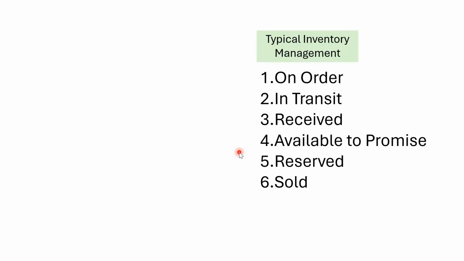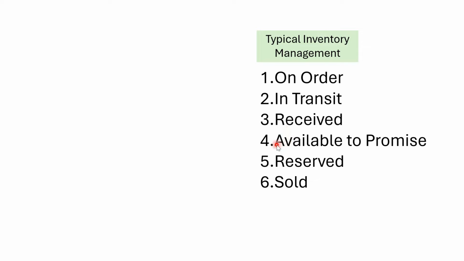Of course, there may be changes based on customized statuses based on the business type, but if we look at the generic inventory management, the stock is on order, then it is in transit, then we receive it, and once we receive, we count it, we check the physical quantity, etc. And if the stock is ready to be sold, we'll mark that stock as available to promise, which means it is available with us to promise to the customers.